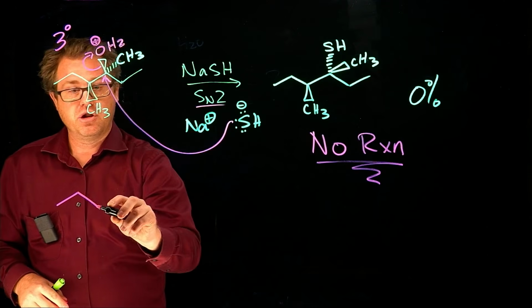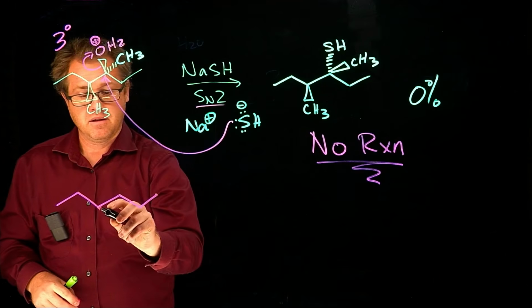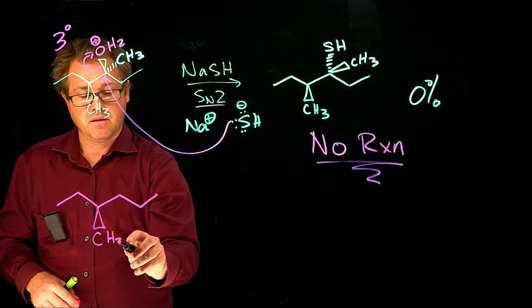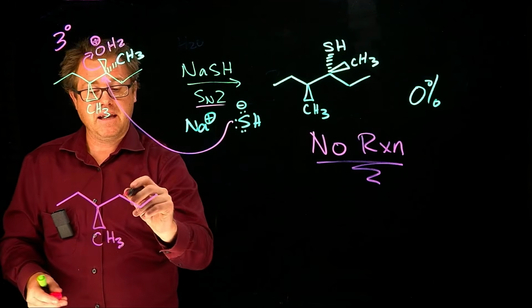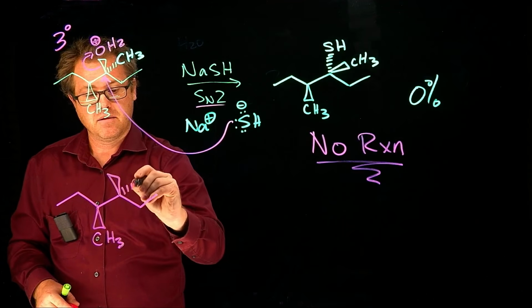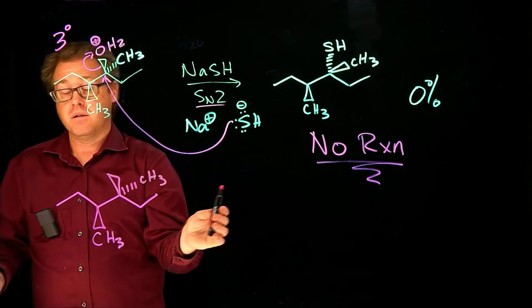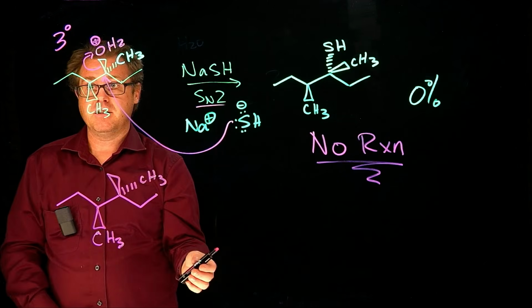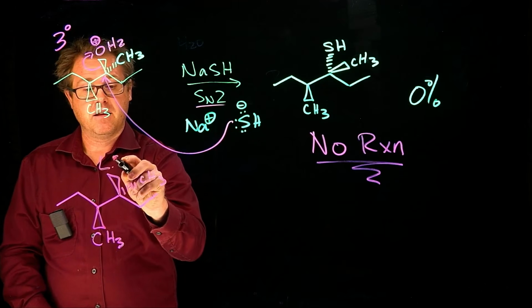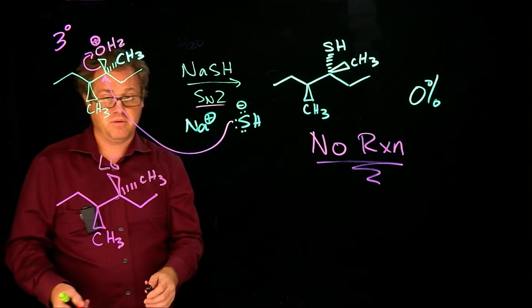So what you're doing here is looking at whatever the leaving group is. The leaving group could be water, it could be a halogen. So let's just say Lg for leaving group.